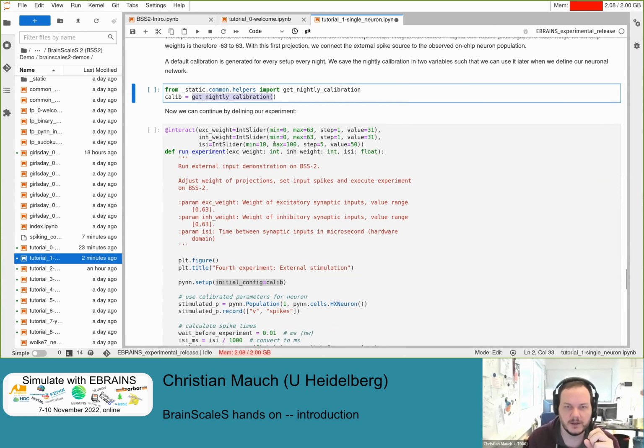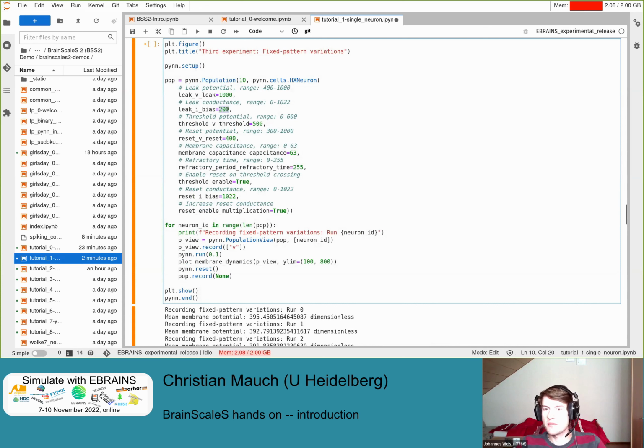So in this example, if you leave the membrane capacitance constant, you could just adjust the leak I bias parameter to change the time constant. But of course, this value of 200 is arbitrary, and the unit is not something you can work with. In order to say, I want this set to 10 microseconds, you would need the calibration.